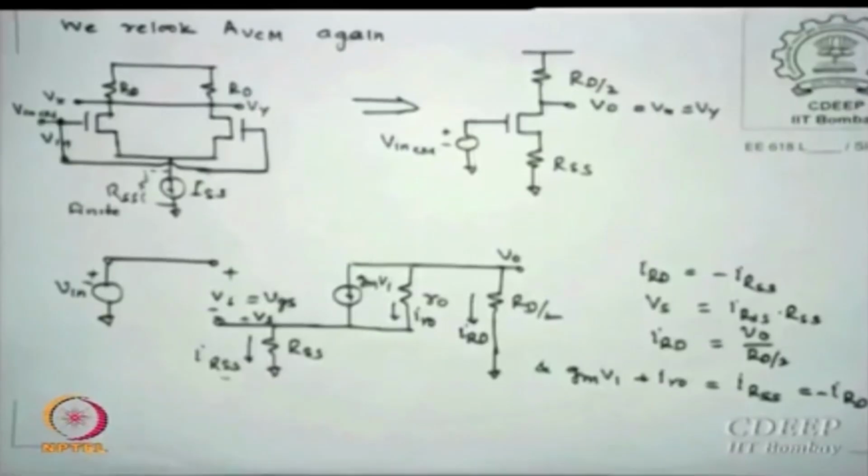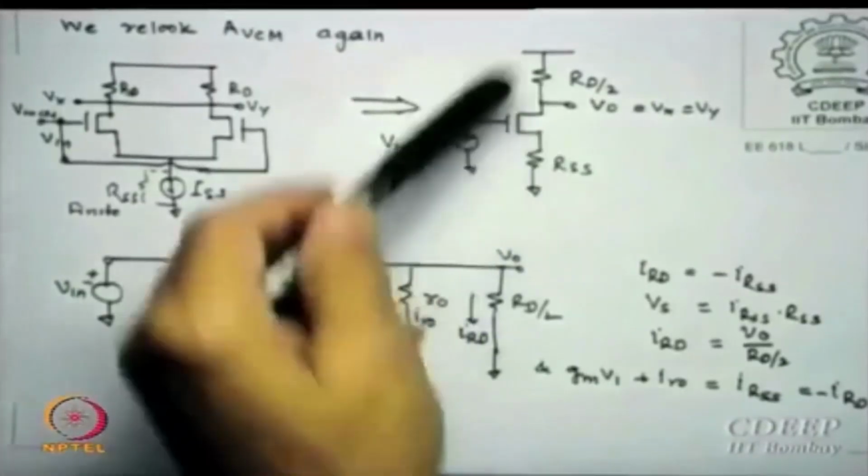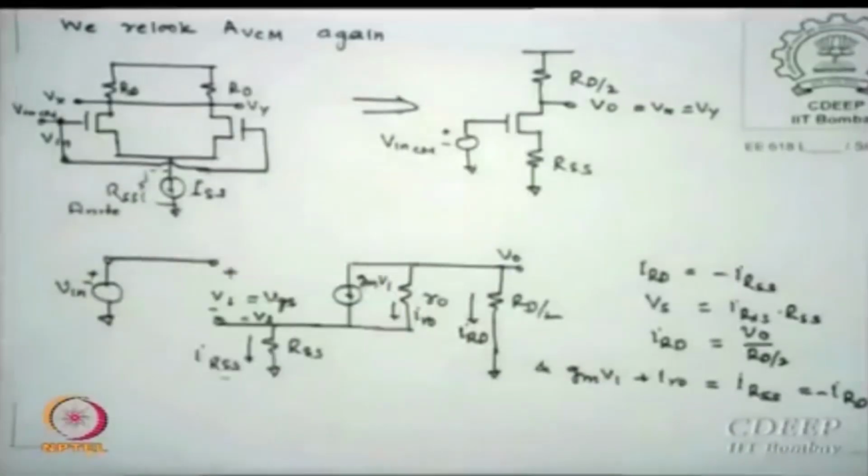So there will be some resistance associated with it, and that resistance is RSS. So what I am saying is, if I draw the equivalent circuit for AC, of course this DC is shown, but that is actually going to ground.